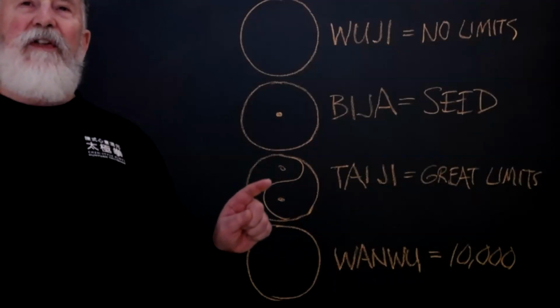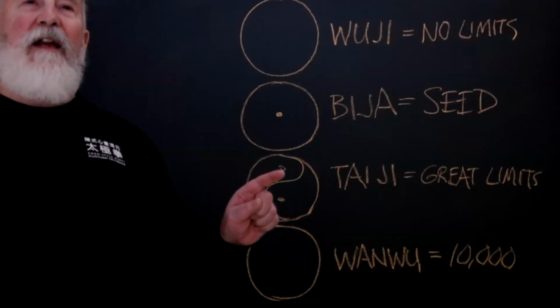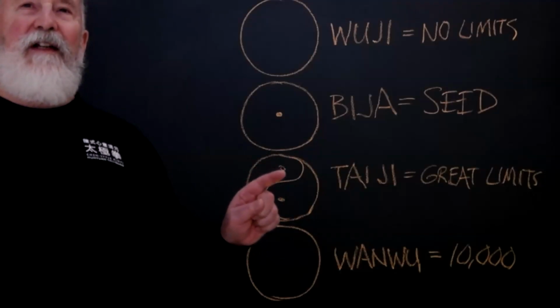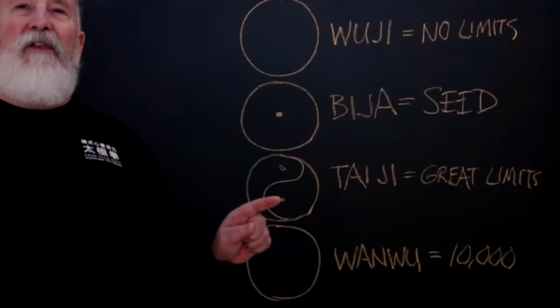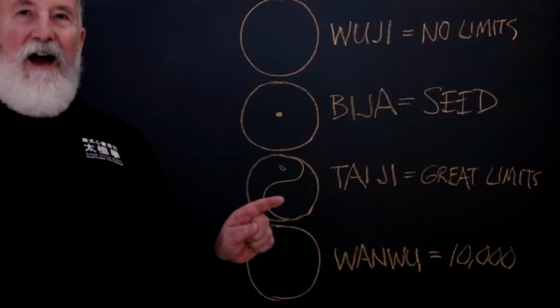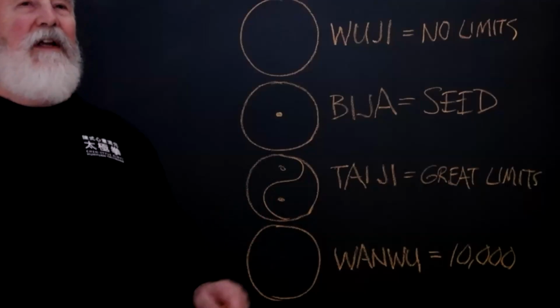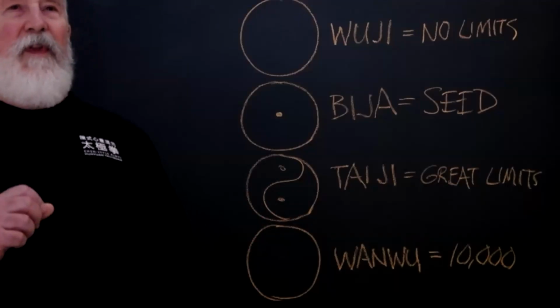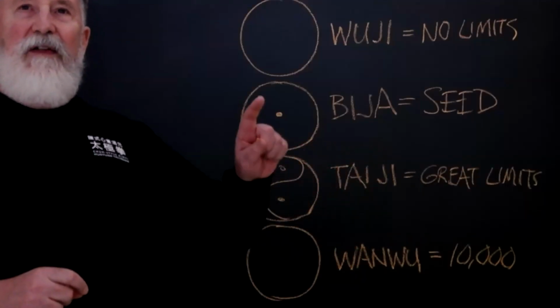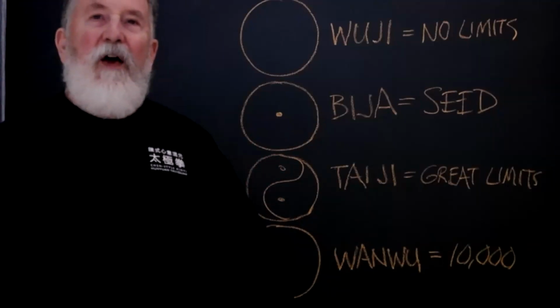And what it means is when yang is at its greatest extent, it's already beginning to change into yin. And then it changes into yin. And when yin is at its greatest extent, that little eye there is yang. And that means yang is already growing within yin. So it just keeps going. So I don't think of them as seeds in the same way as this. I think of them as eyes.